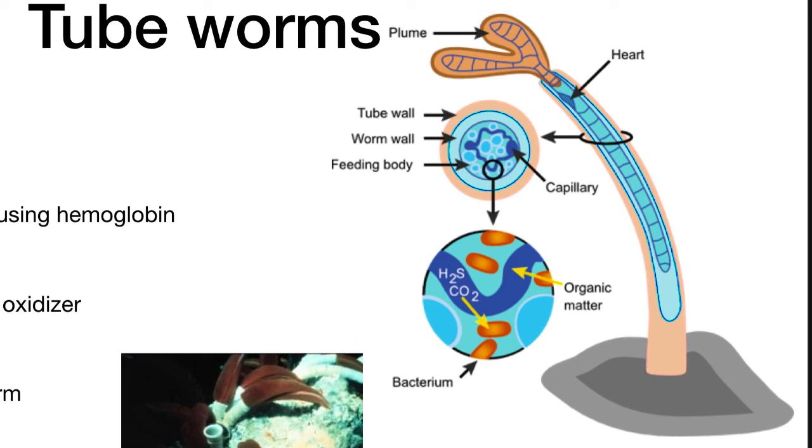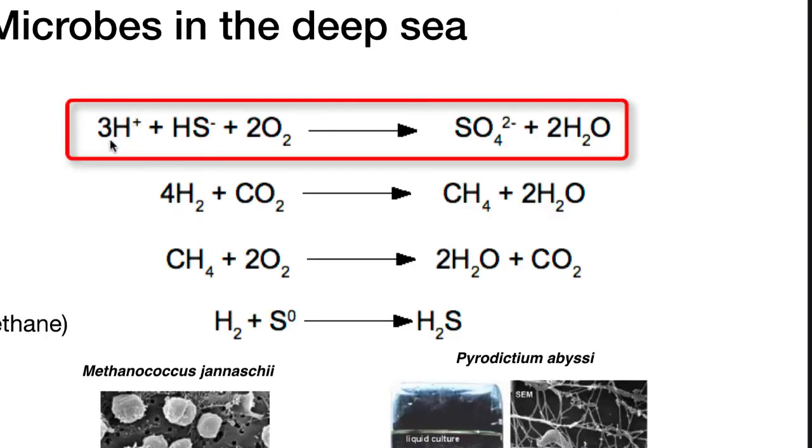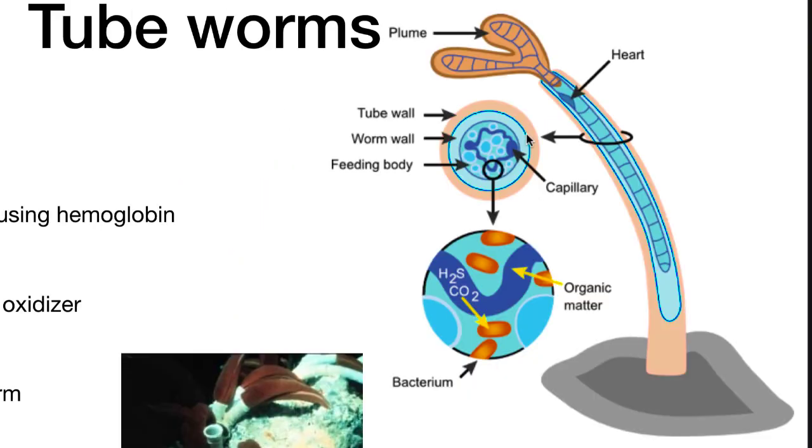These microorganisms are sulfur oxidizers, and so here's the sulfur oxidizers again. They will take hydrogen sulfide and oxygen and convert it to sulfate to make energy. They also take the CO2 and fix that into cell carbon. So the bacteria makes organic matter and then shares it with the tube worm.